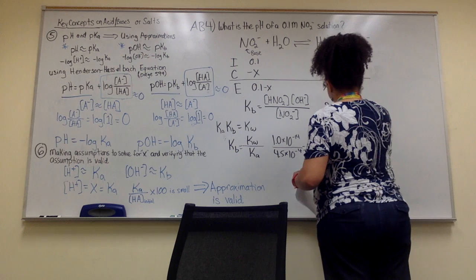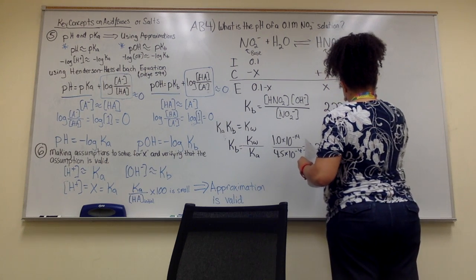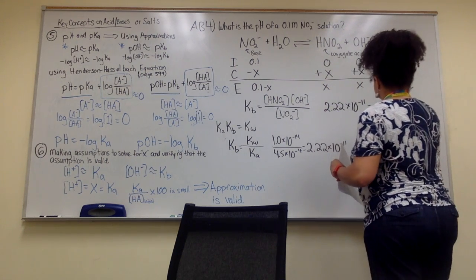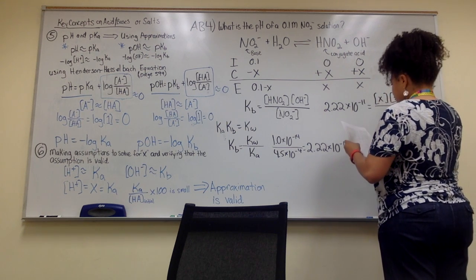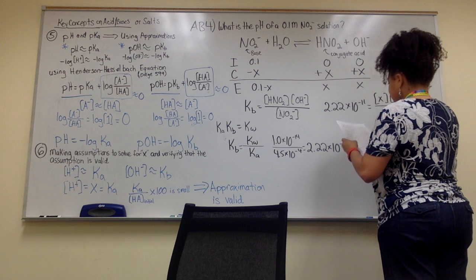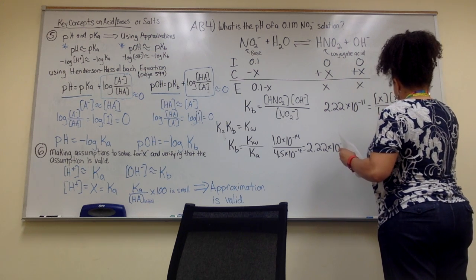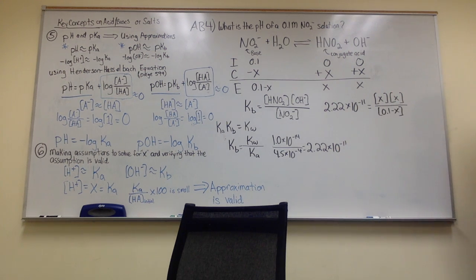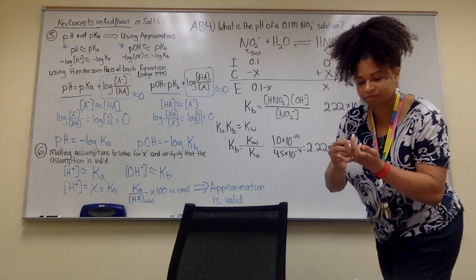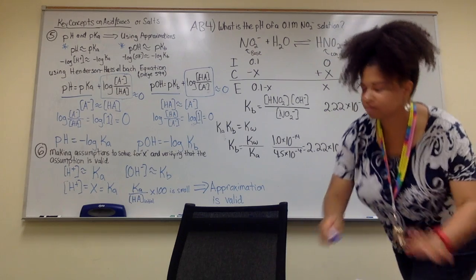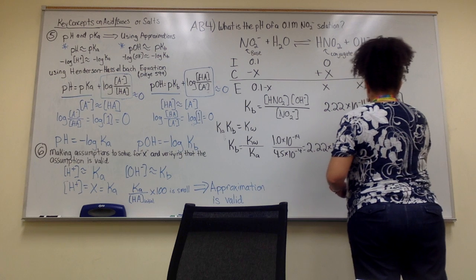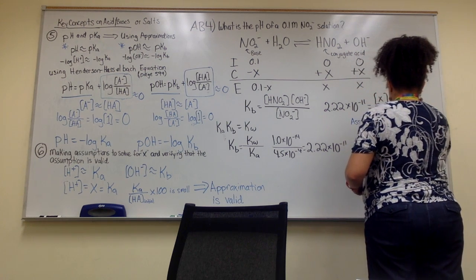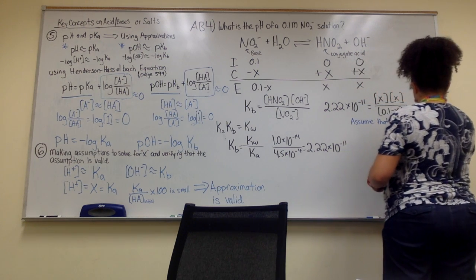So 2.22 times 10 to the minus 11 is equal to x times x over 0.1 minus x. We're going to make an approximation. We're going to assume that x is a whole lot smaller than 0.1.